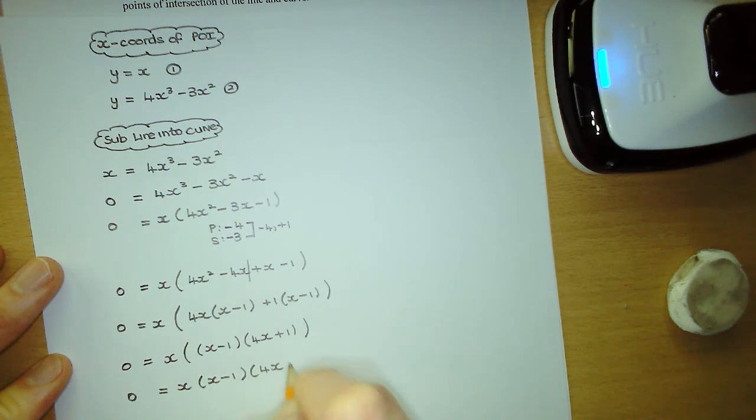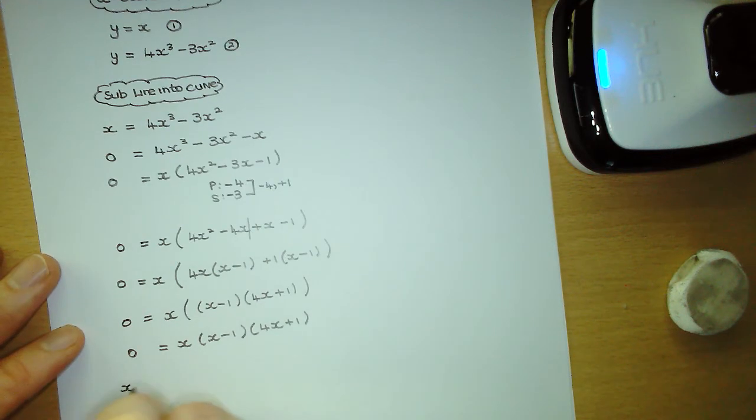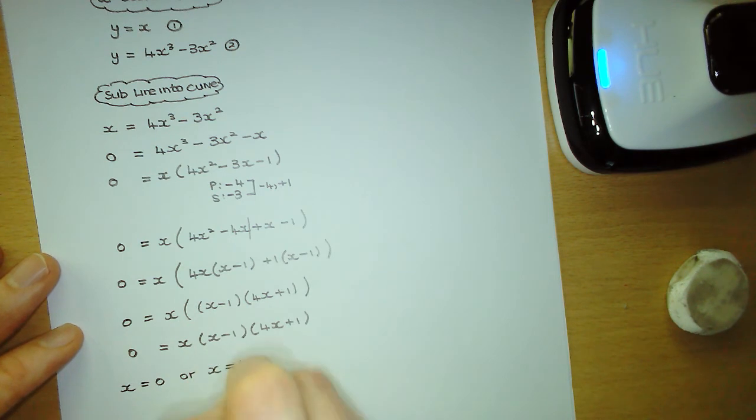So we've got a product of 3 things equal to 0, so that means x must equal 0, or this first bracket could equal 0, so that means x would equal 1. Or this third bracket would equal 0, which means that x would equal minus a quarter.